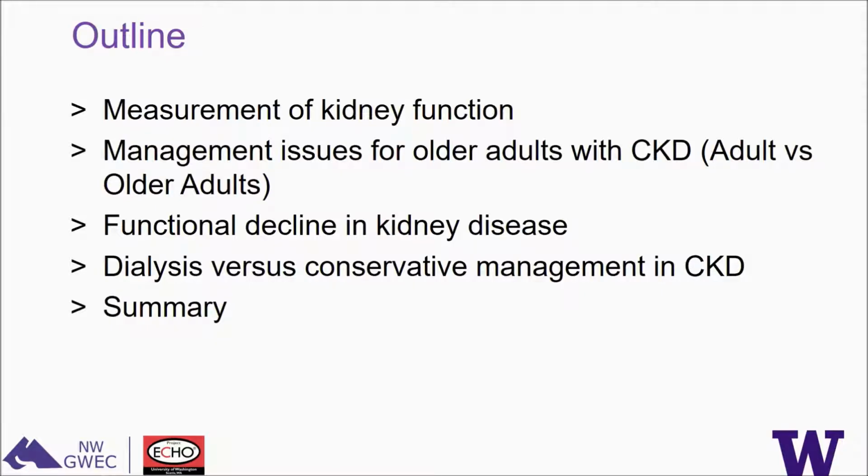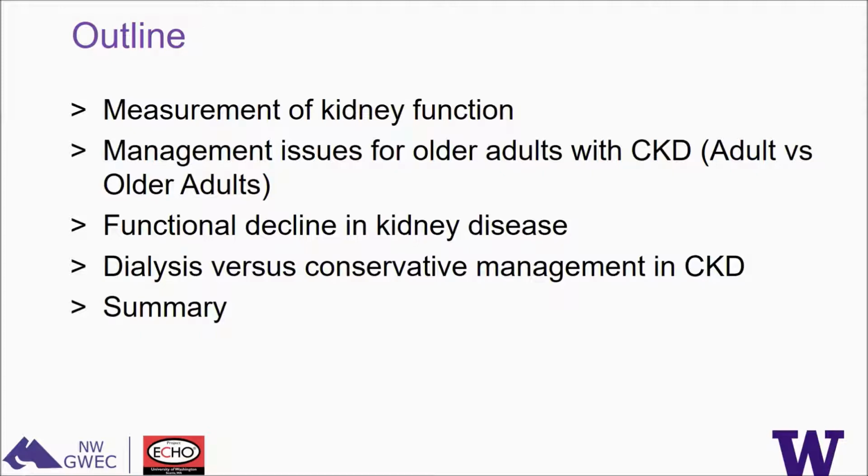In this short time period, I'm going to briefly touch on how we measure kidney function and some of the management issues in the older adult population with chronic kidney disease, comparing adult and older adults, and talk about how kidney disease leads to sarcopenia or impaired muscle function, and that begins the process of functional decline in these adults before the onset of dialysis.